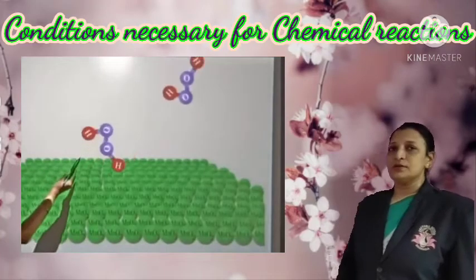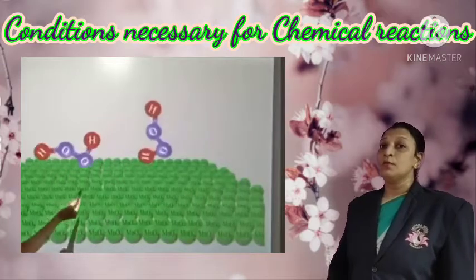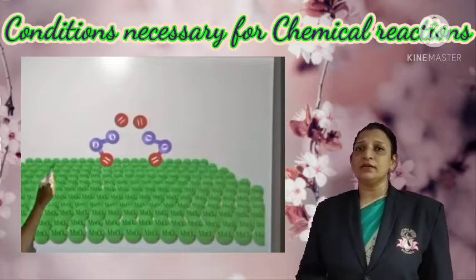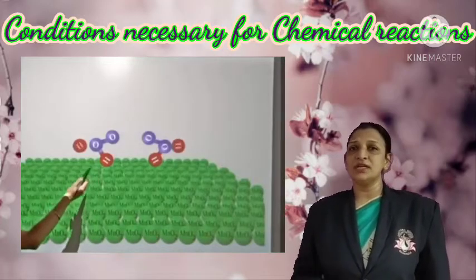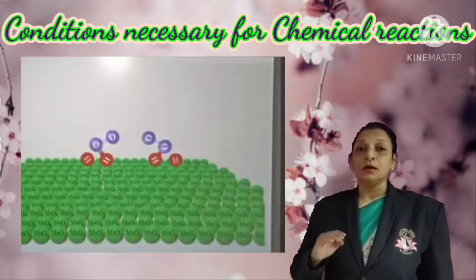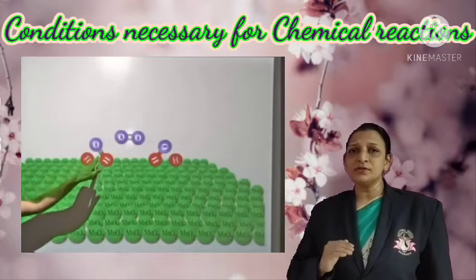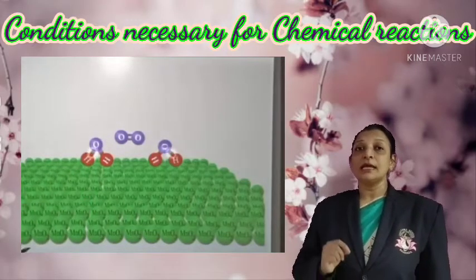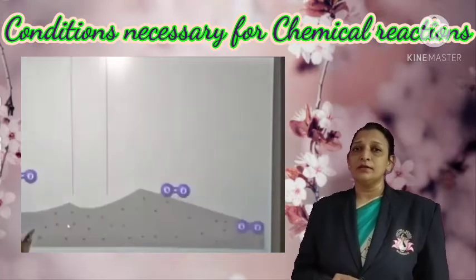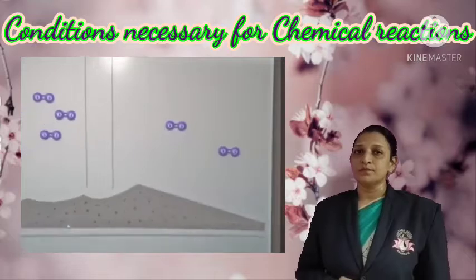In this reaction, when potassium chlorate is heated at 700 degrees Celsius, then it gets decomposed into potassium chloride and oxygen gas. To limit the temperature, if we will add here catalyst, then chemical reaction rate can be increased.